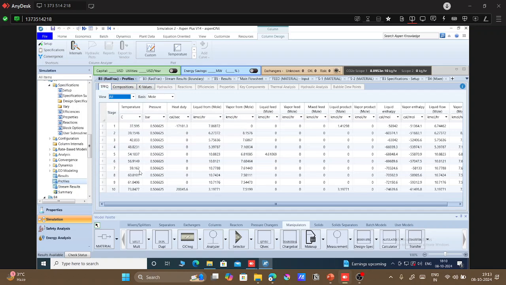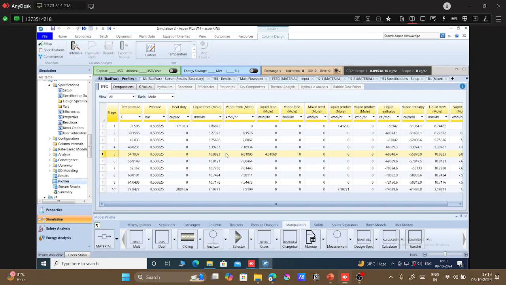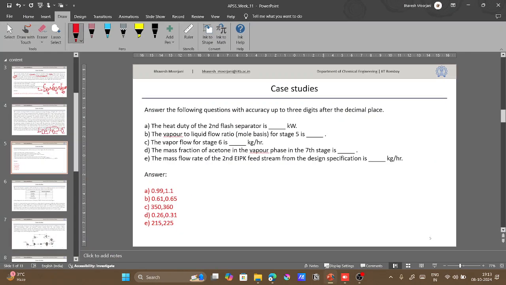Here, on stage number 5, we have been asked the vapor to liquid flow ratio, mole basis. We have vapor flow rate as 6.8 and liquid flow rate as 10.8. So 6.8 divided by 10.8, you should get 0.629. So our answer is matching.